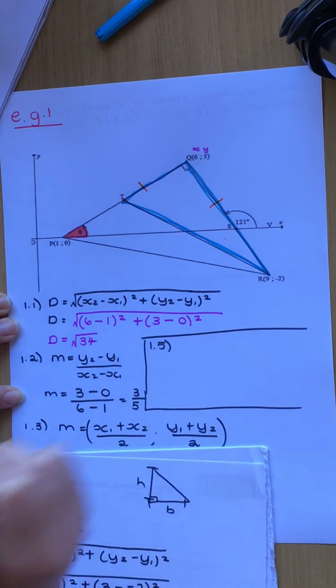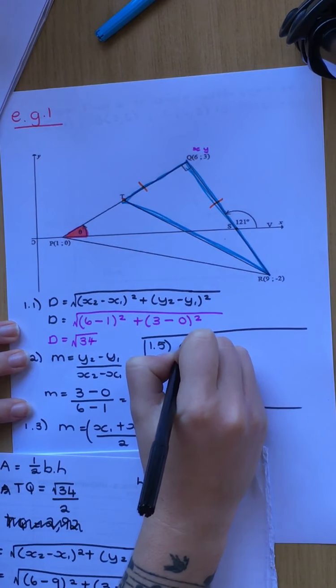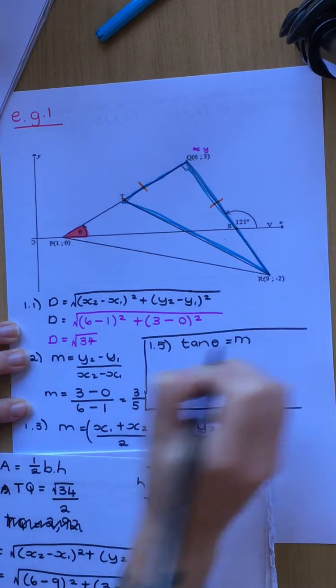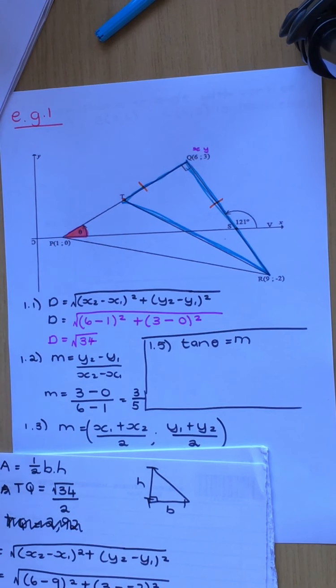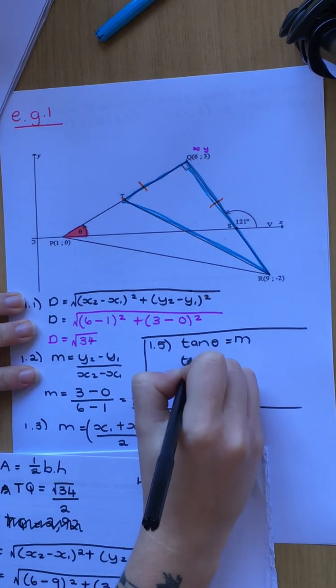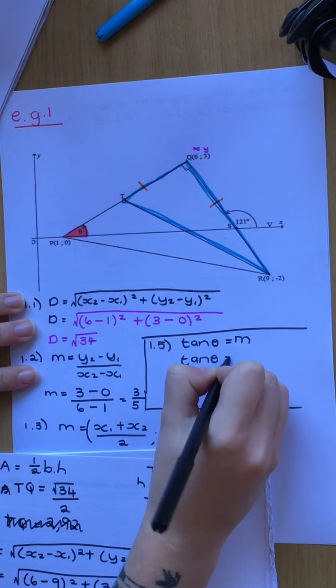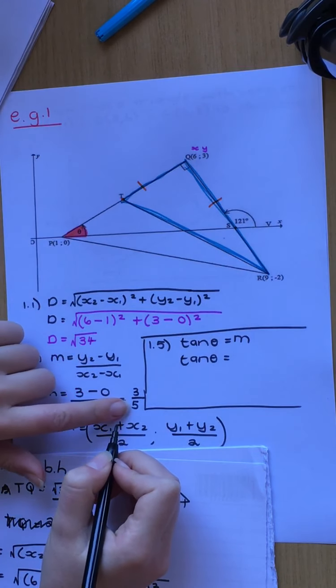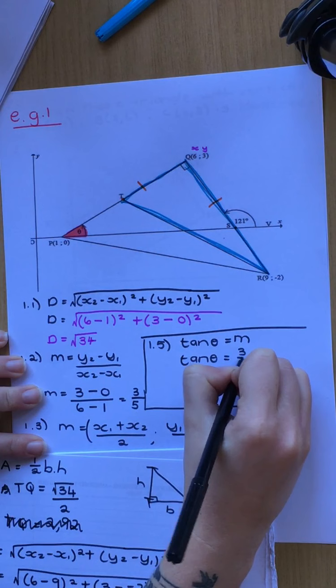1.5. Okay, so we're trying to get theta. So remember, tan theta is equal to gradient, or gradient equals tan theta. It doesn't matter which way around you say it. And we try to get the angle. So we're going to say tan theta is equal to the gradient, which we worked out here. The gradient of this line was 3 over 5.